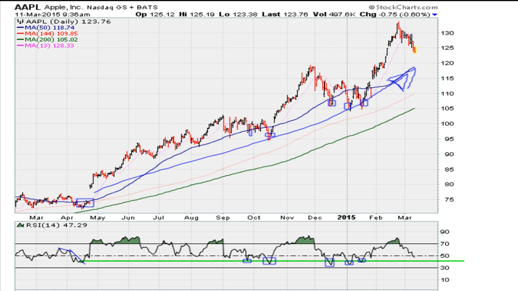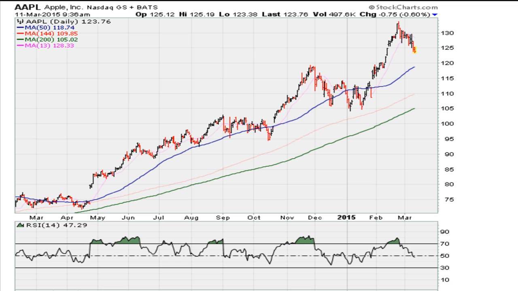So the question was, so let me draw this again. So the question is, this uniformity line or this support line, which one should be used? And actually it's a very simple answer. It's a good question with a simple answer. And the simple answer is you use the line where the market responds to first.